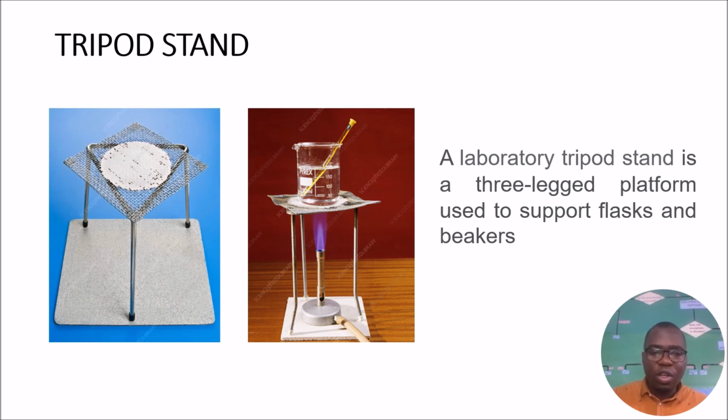For example, if you want to boil some water in the lab, you put water into the beaker, and then you set up your Bunsen burner like this on the tripod stand, and then the wire gauze is put on top. So a laboratory tripod stand is a three-legged platform used to support flasks and beakers during heating.